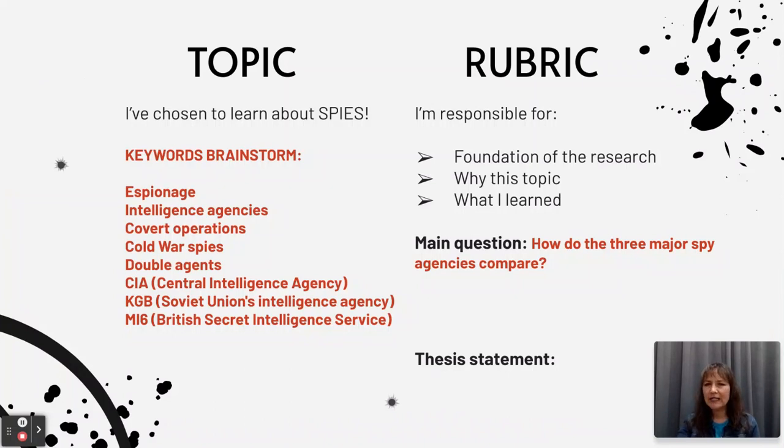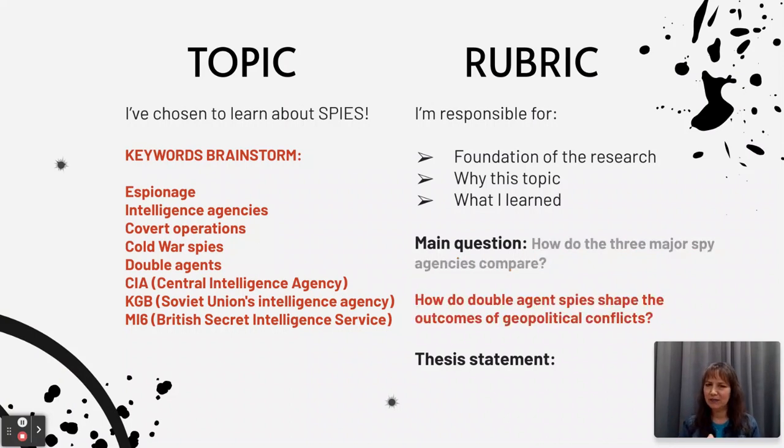So at this point, I was thinking about my main question, and now I'm thinking I might want to change it a little bit because I'm more interested in learning about double agents than I am about comparing the three major spy agencies now. So I changed my main question to how do double agent spies shape the outcomes of geopolitical conflicts?